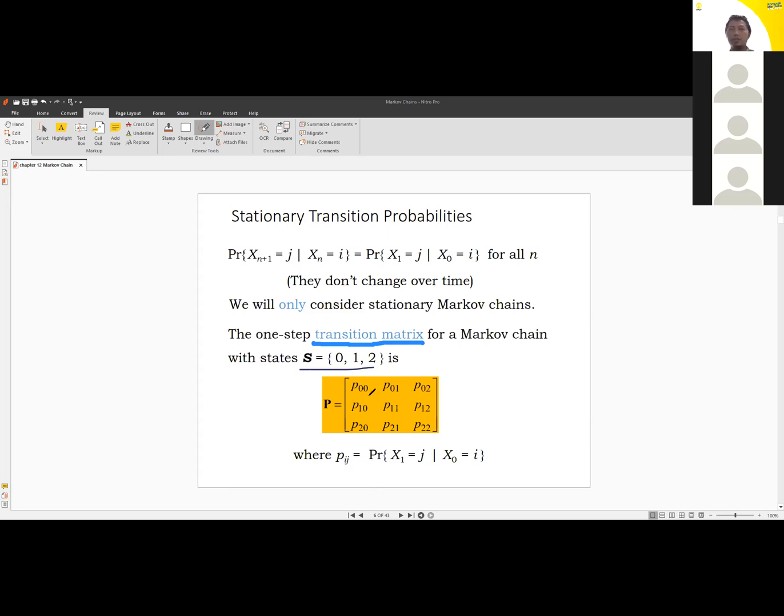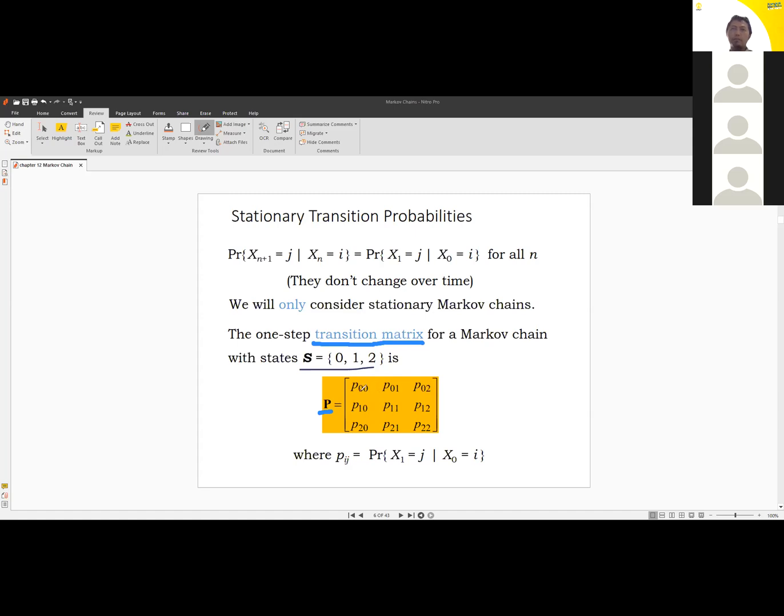This is the big P, which consists of a 3 by 3 matrix. Why 3 by 3? It is derived from the number of states here. We have 3 states, 0, 1, and 2, so any possibility of changing state can be put into the matrix.